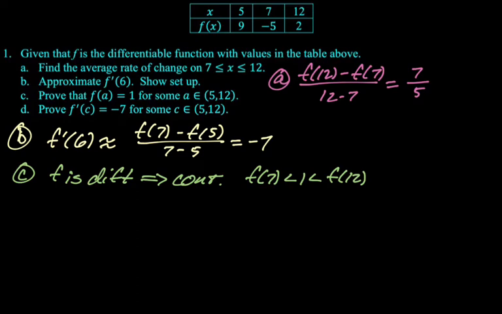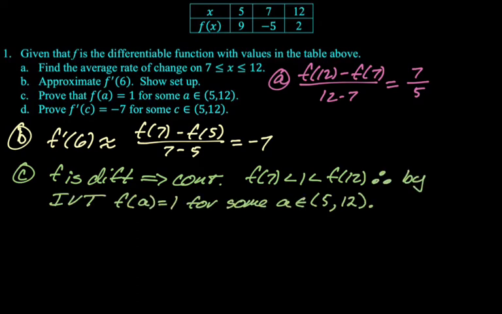We already said continuous, so I can say, therefore, by IVT, f of a is equal to 1 for some a in between 5 and 12. Now, some people are like, but we didn't really do that. We showed it was between 7 and 12. I think most people can make the leap that 7 and 12 is between 5 and 12 as well. But if not, you could say, for some a between 7 and 12, therefore some a between 5 and 12. That's probably safer. It's up to you.